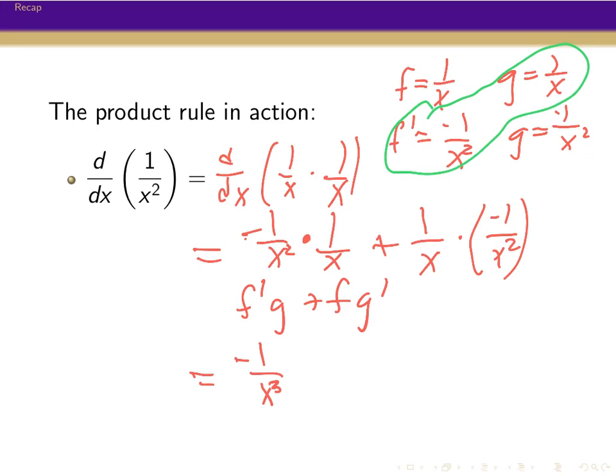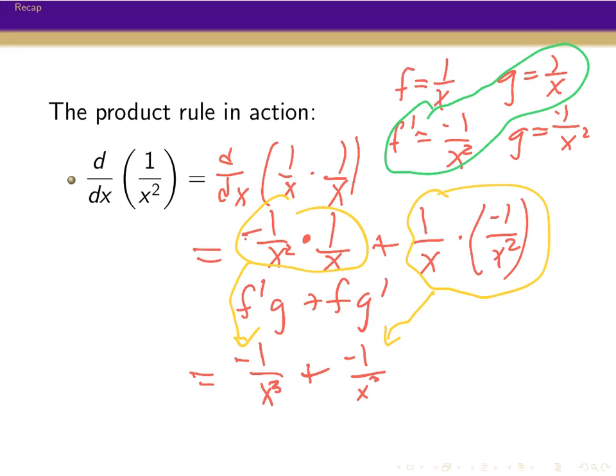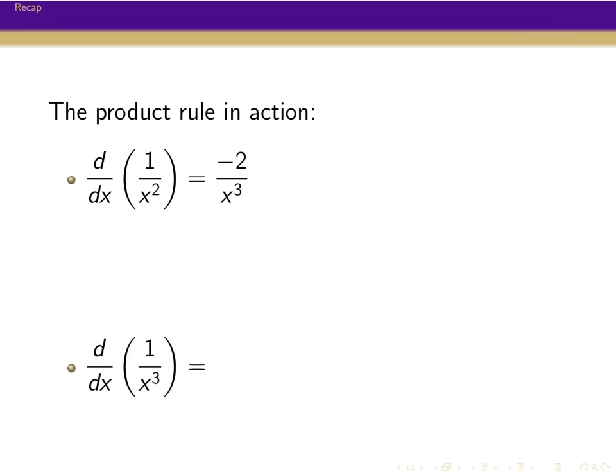That's coming from that guy. This guy's going to give me another one of those. I like these colors. Minus 1 over x cubed. And so at the end we have minus 2 over x cubed. And so that's our answer.